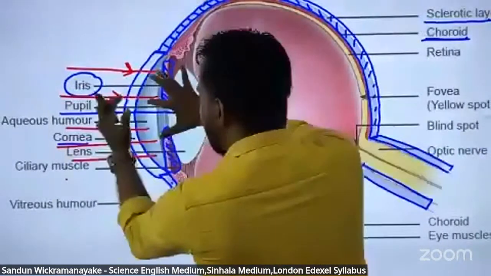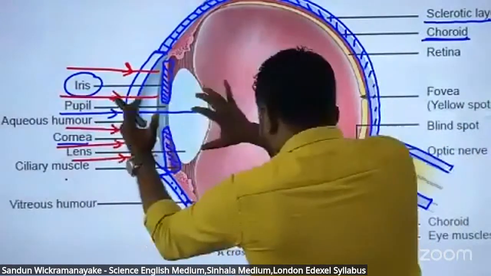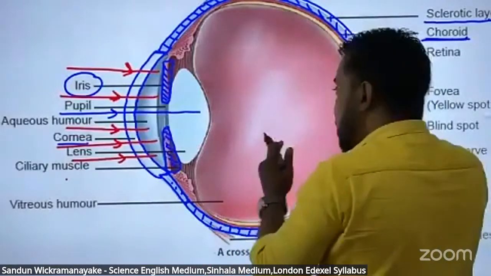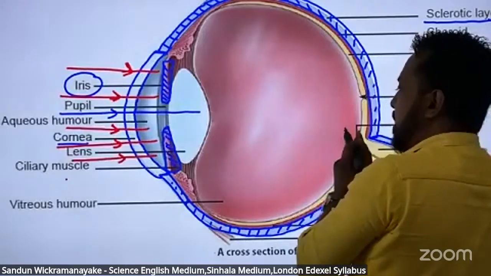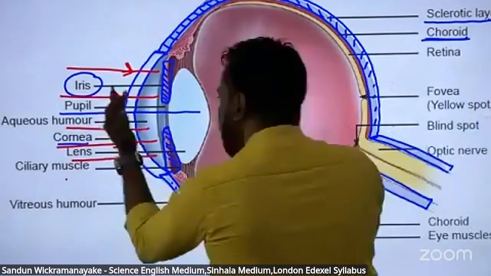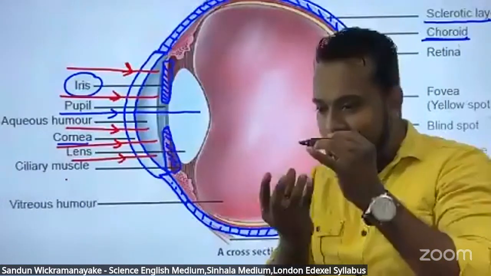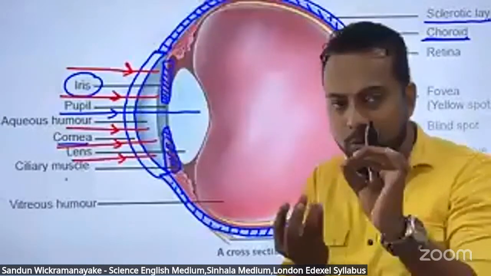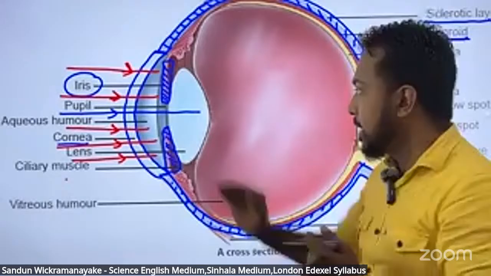It comes through this transparent layer. It will go through this. No. Before the light rays come inside the human eye, they should pass through some other layers. I will cut that eye and remove those layers next week, right?